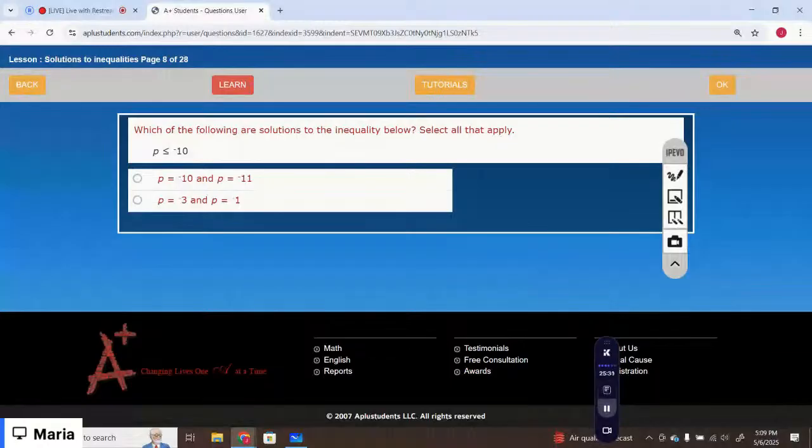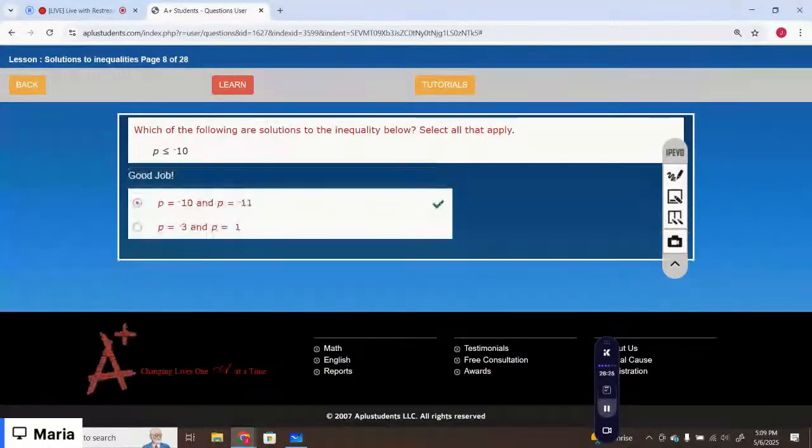Which of the following is a solution to the inequality below? P is less than or equal to negative 10. Negative 10 equals negative 10, and negative 11 is less than negative 10.